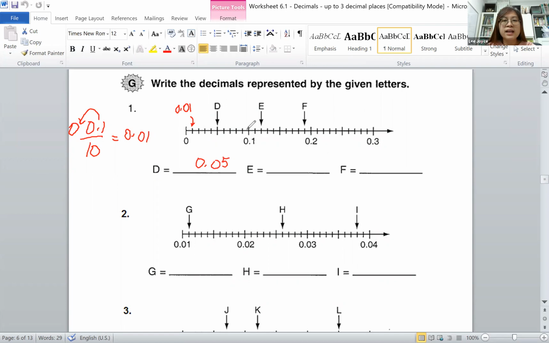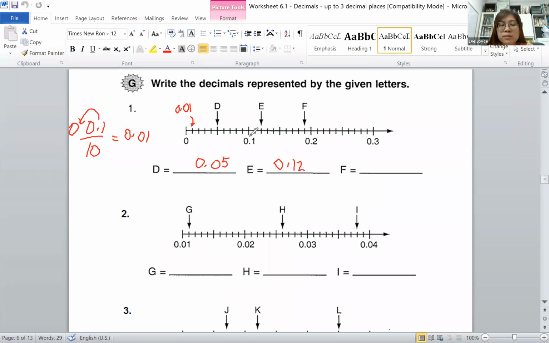Then until here will be 0.09, then this will be 0.1. So what's next? This will be 0.11, 0.12, because each tiny division stands for 0.01.